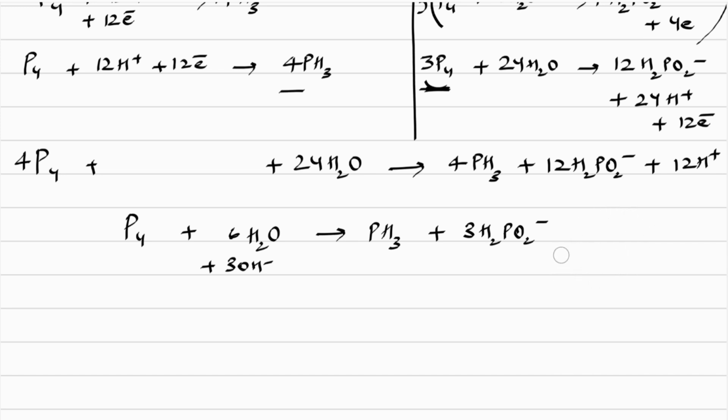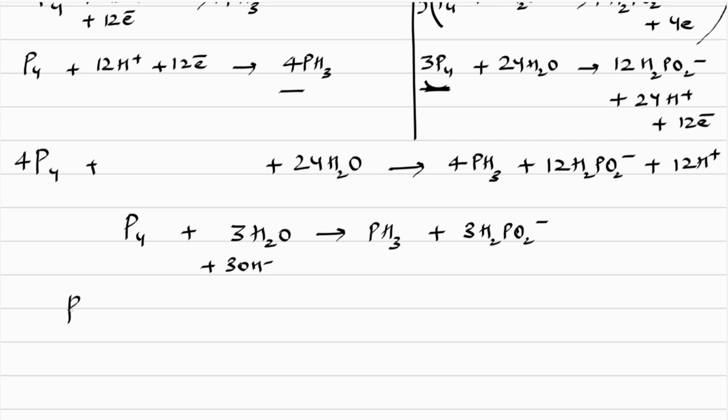So let's write that. And now we have 6 water on the reactant side, so we can cancel it. This becomes 3 water. So now this reaction is balanced.